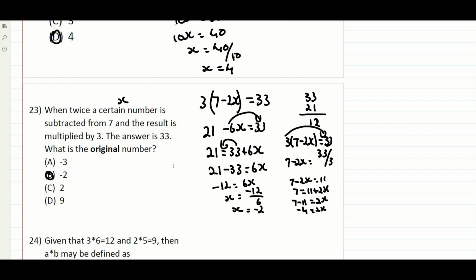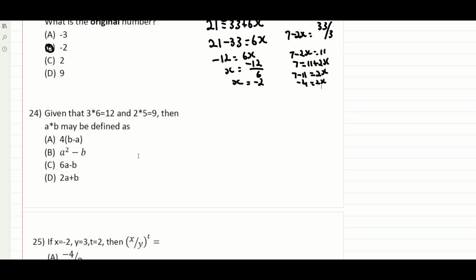Alright, then let's look at this question. This is a repeated question, and the answer was D, I believe. Alright, but let's just look at it. They gave you, given that 3 asterisk 6, this is binary operations, is equals to 12, and 2 asterisk 5 is equals to 9, right? They want to know what is A asterisk B. So we know A is equals to 3 and B is equals to 6, and A is equals to 2 and B is equals to 5.